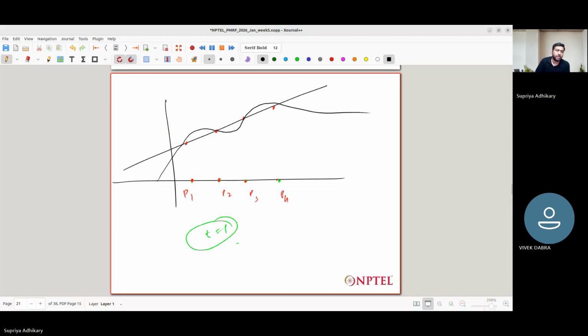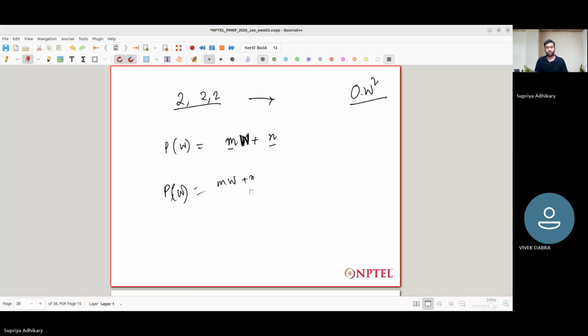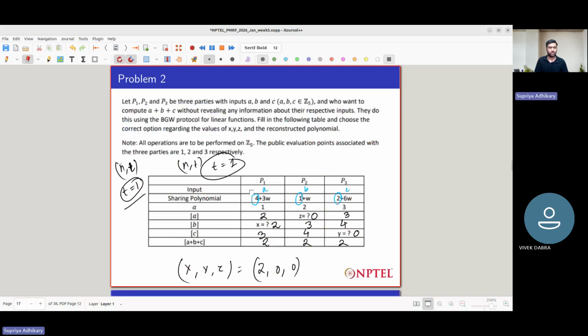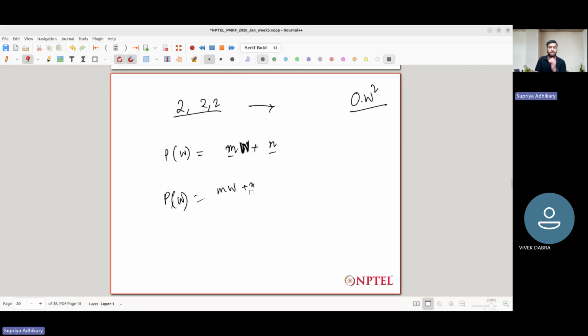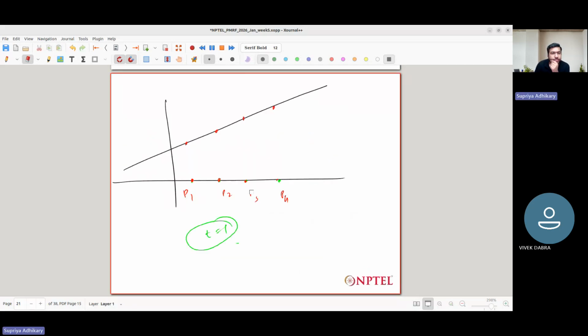I don't know whether these cases may arise or not, but the best way to do is that if we already know what the value of t is, we just take only t plus 1 many parties, and then we start reconstructing. But in that question, we have not been given t. Yeah, we have not been given t. It's true.